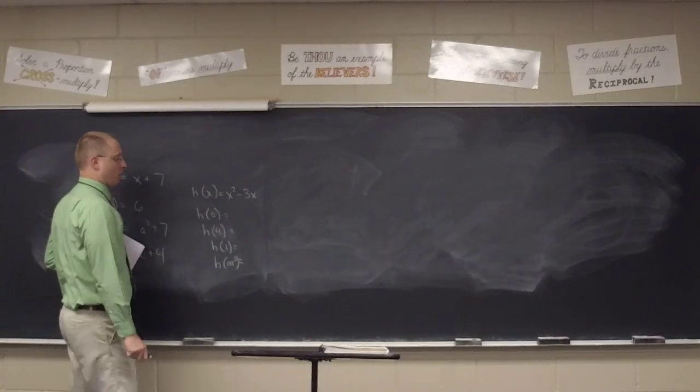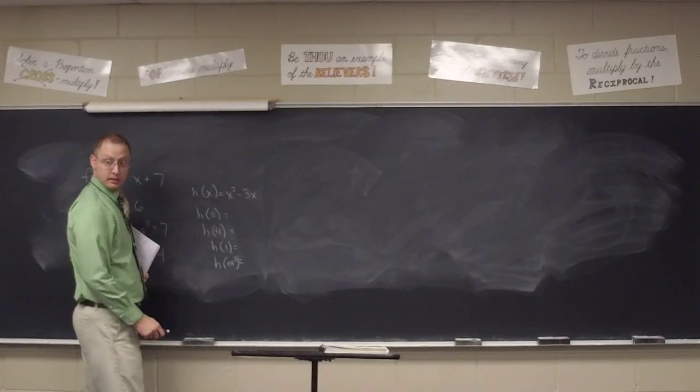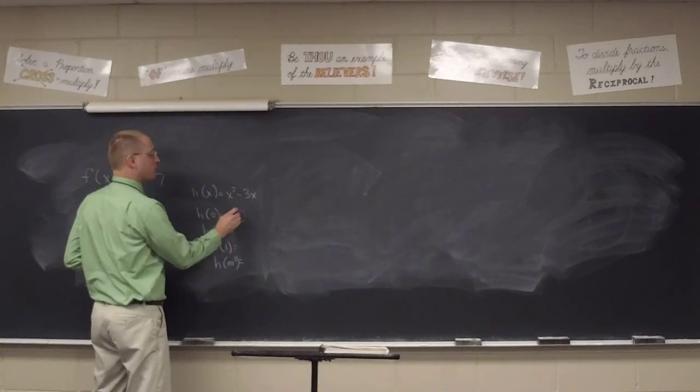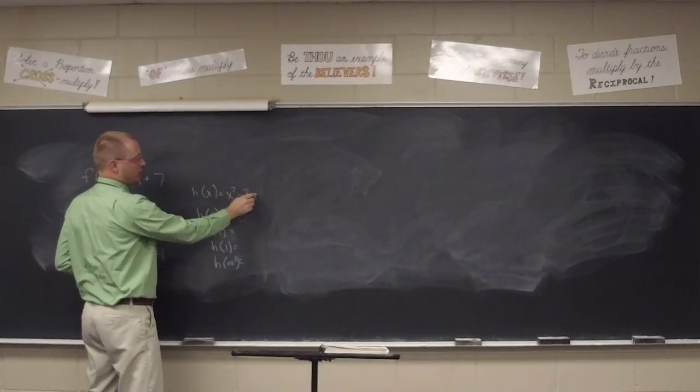And Ethan, h of 0. 0. You have to plug a 0 in for both spots. 0 squared is 0, obviously negative 3 times 0 is 0.